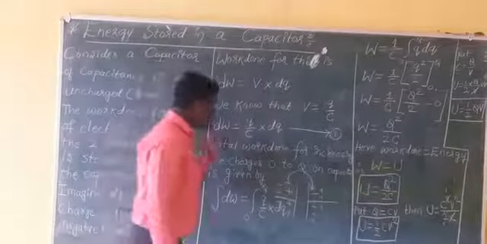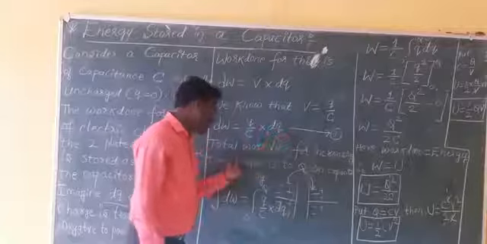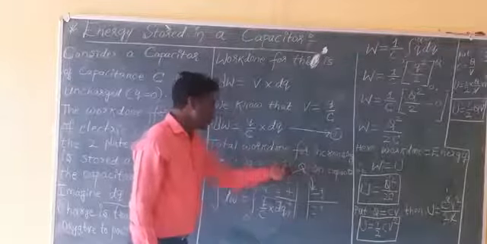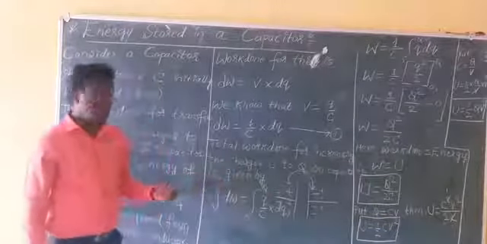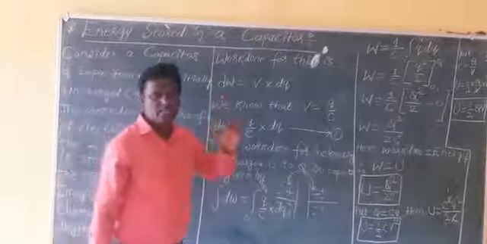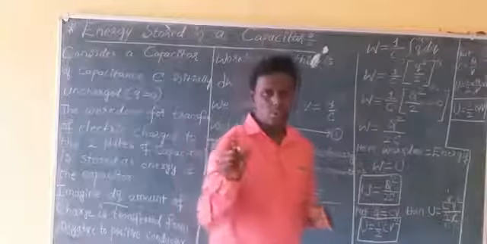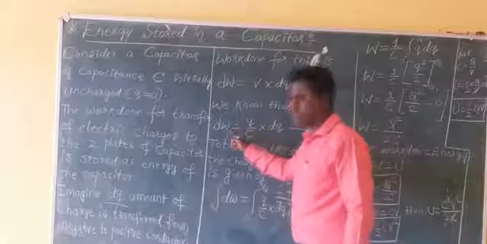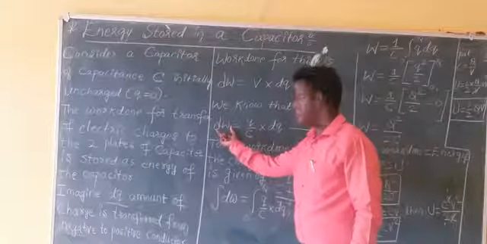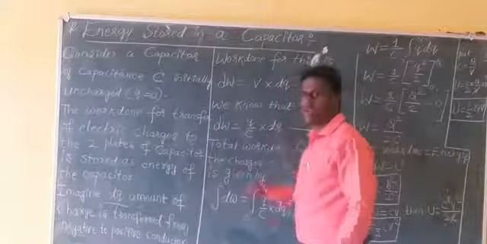So the total work done for increasing the charge from 0 to Q on the capacitor is given by the following. To increase the charge by dq, the small work needed is dW equals Q by C into dq.